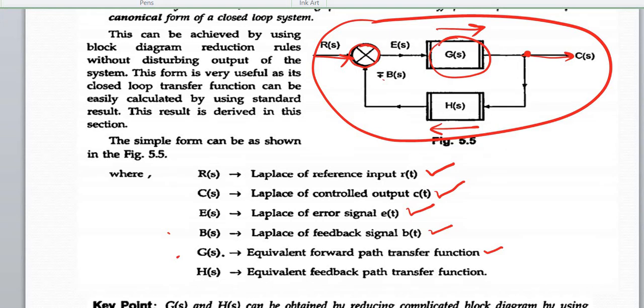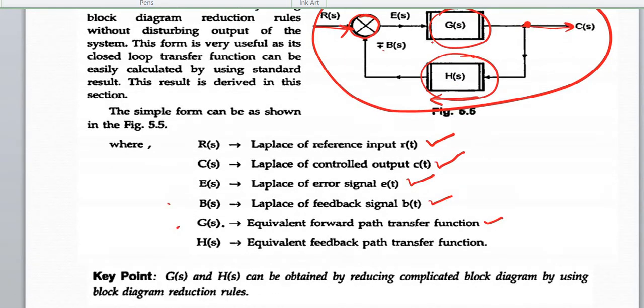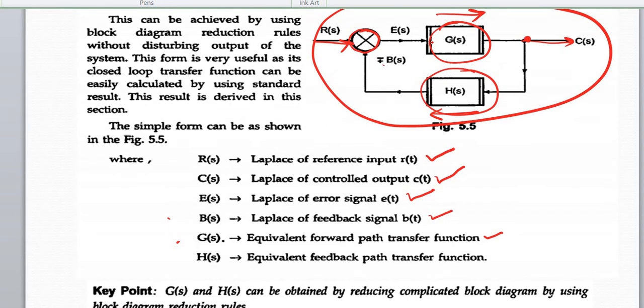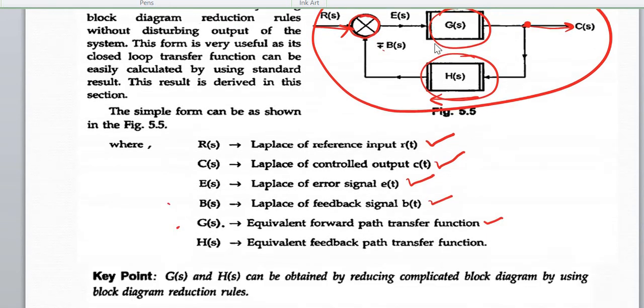G(s) is called the forward path transfer function equivalent. Then H(s) is the equivalent feedback path transfer function. These are the notations used for the simple or canonical form.